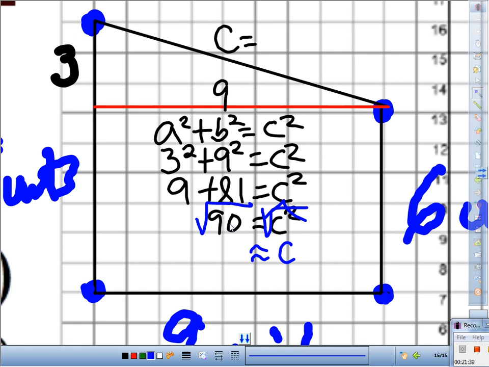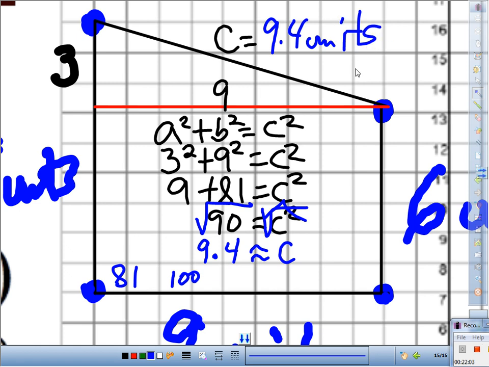For home play, I don't want you to use calculators. I want to see the work on how to find the decimal, down to the nearest tenth. So the square root of 90 is between what two numbers? Between 81 and 100. So that means this is going to be approximately 9.4, to save some time. 9.4 units. Once again, no calculators, please.